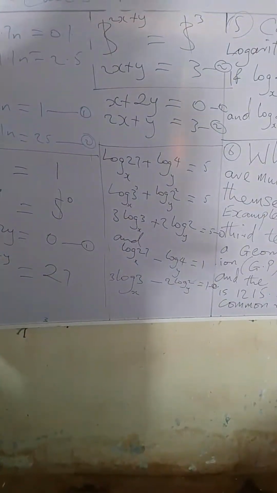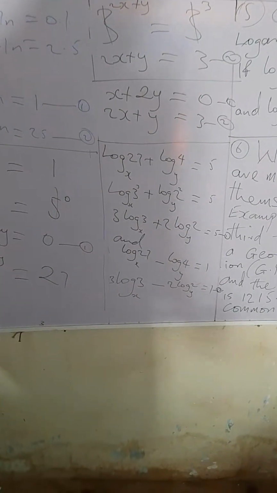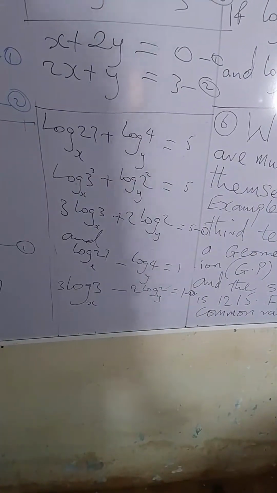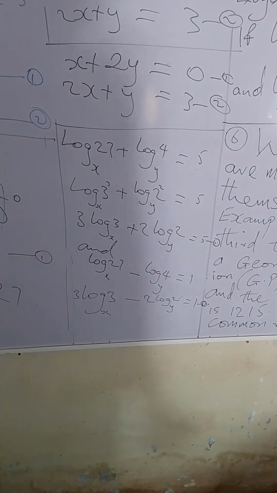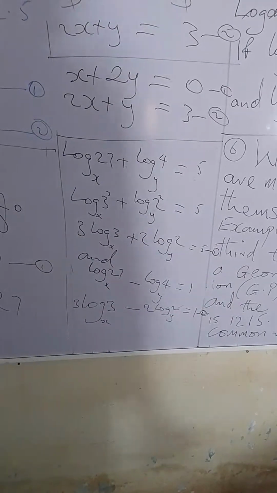Let us look at something that is unique there, very, very important. Can you see very well that we have equation 1 here and equation 2 here? And the truth here is that we have log 3, log 3, log 2, log 2.